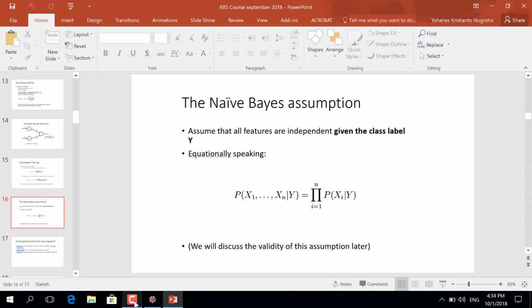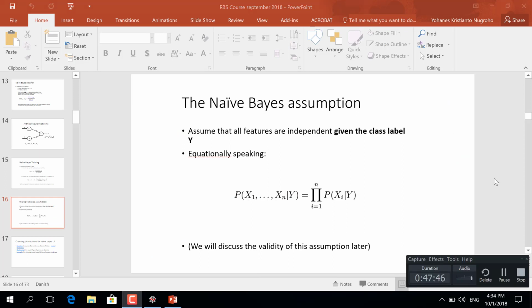All right, now we can see on our screen that we have the naive Bayes assumption, where the capital Pi of xi given y means that for each i of the feature x, we multiply as many times as the number of i, in order to get the probability of all xi from 1 to n given y.